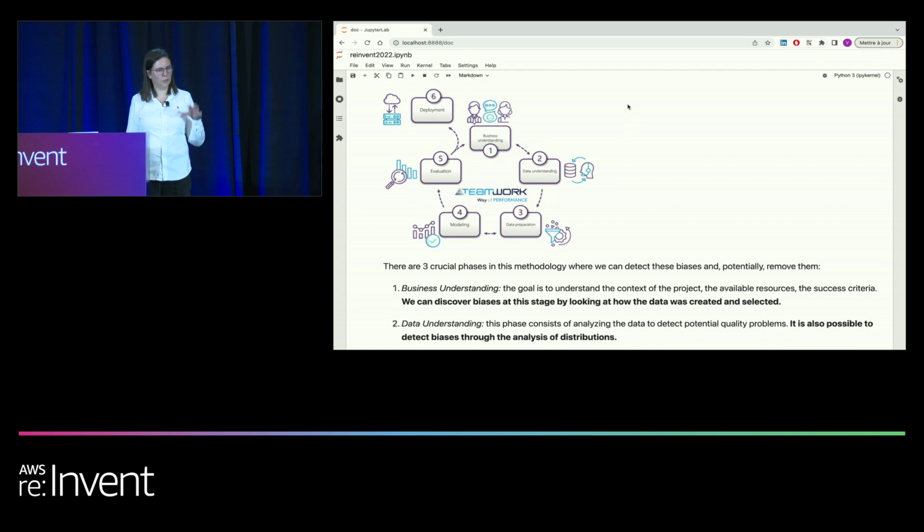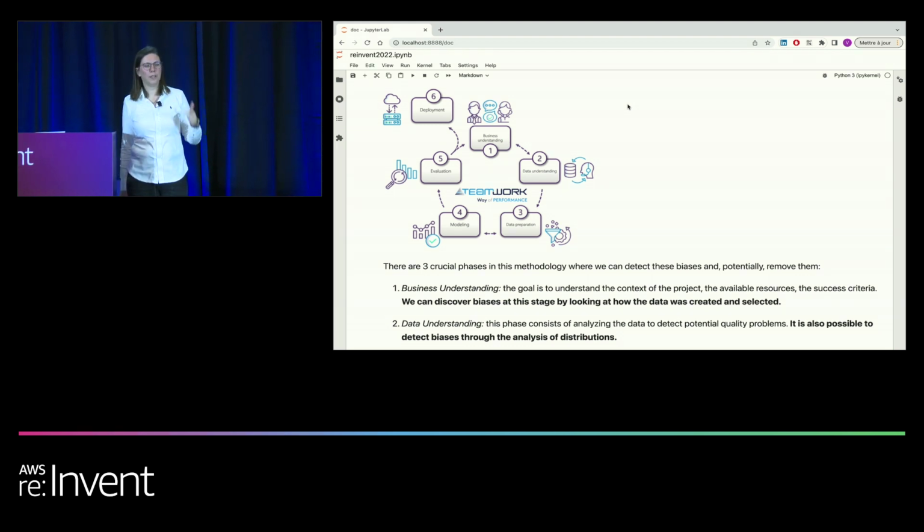You will study the data set. The data preparation step, so you will do what is needed to have a beautiful data set. The modeling, the training step, and an evaluation step to see if everything is correct. And we will be able to spot biases in 3 places: the business understanding, the data understanding, and the evaluation steps.